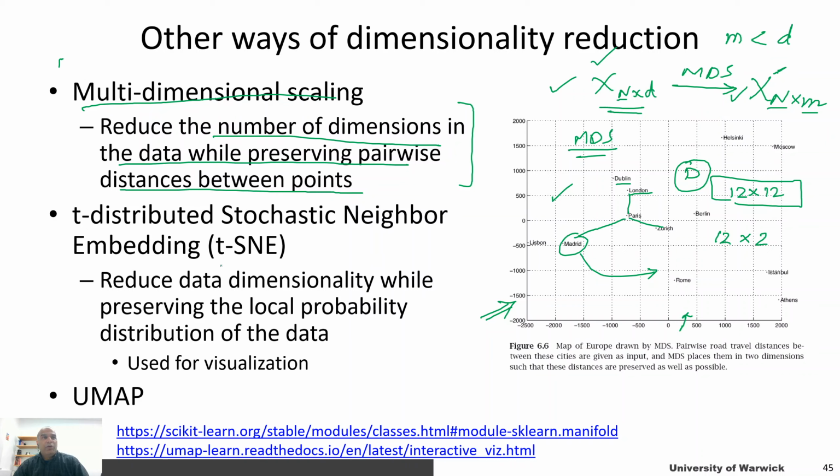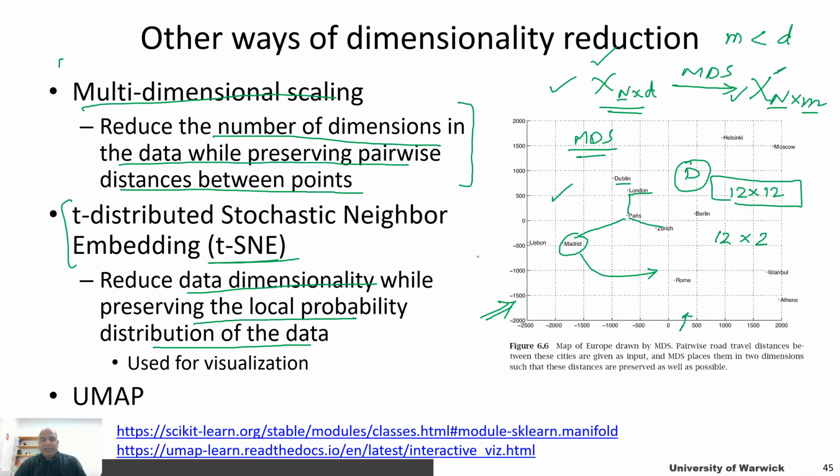There's a very popular method these days, which is called T-distributed stochastic neighbor embedding. That's a mouthful, and we're not going to cover it in detail in this particular module, but it's one of the very effective methods for dimensionality reduction of very high dimensional data. What it does is that it reduces dimensionality while preserving the local probability distribution of the data.